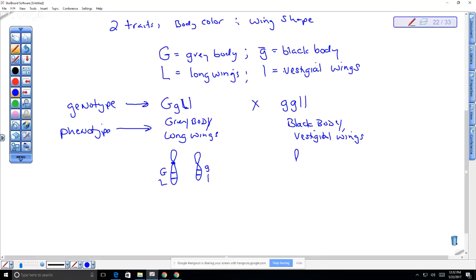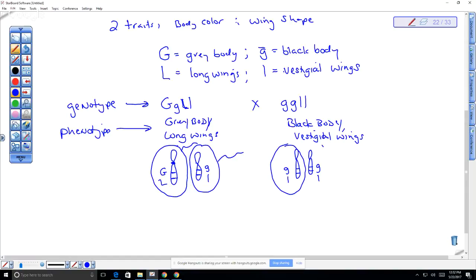Both chromosomes of this one are identical, G, L and G, L. That means they're linked. If we did a Punnett square, where we combine the possible gametes, if this was the male, these could be the sperm, and these could be the eggs from the female. It doesn't matter because this is not sex linked.